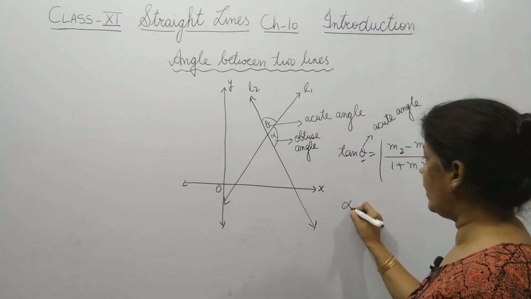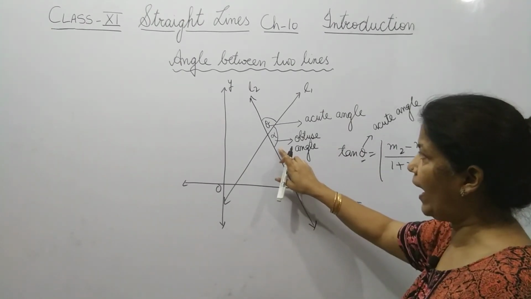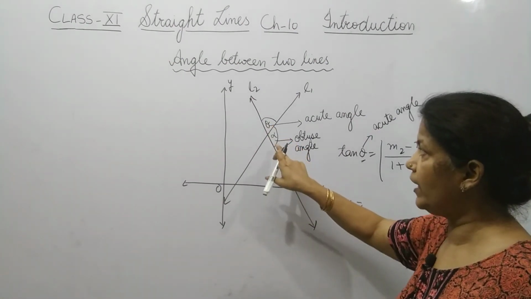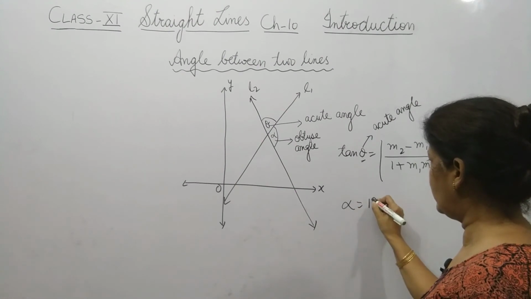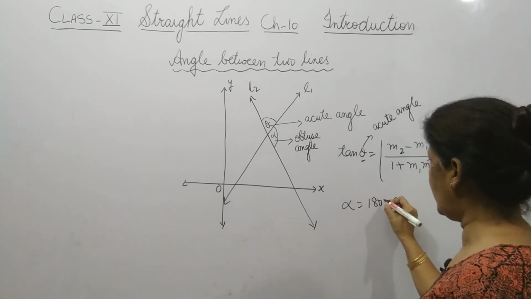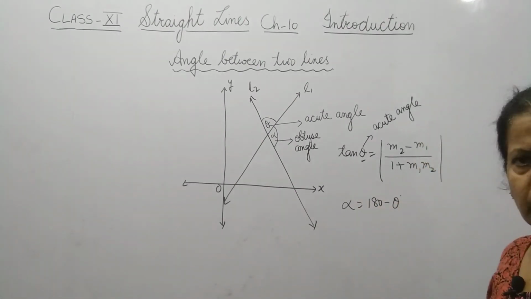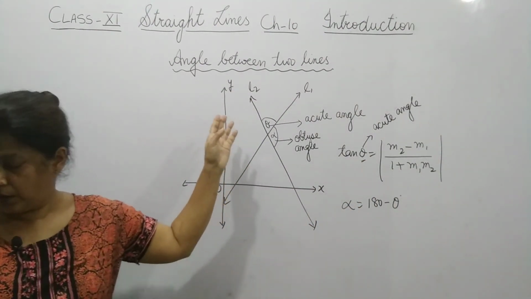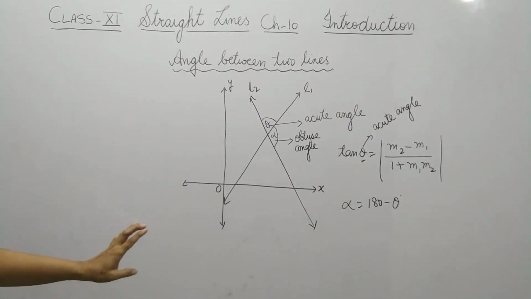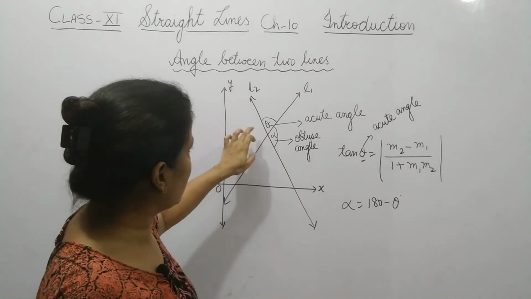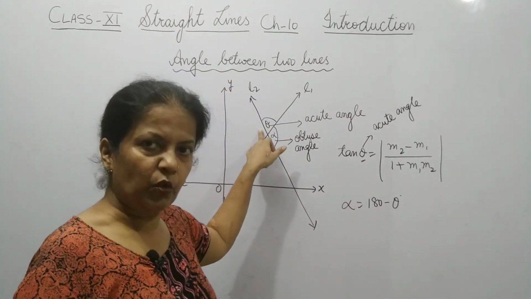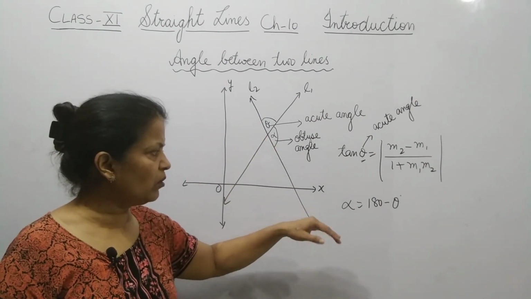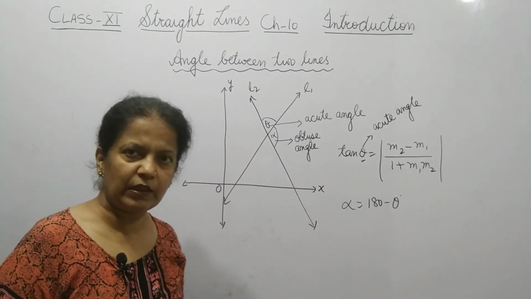This alpha you can take as 180 minus theta, and then you can proceed. Is it clear? So remember, this theta should be acute angle. If it is not acute, if it is obtuse, then you will follow this way.